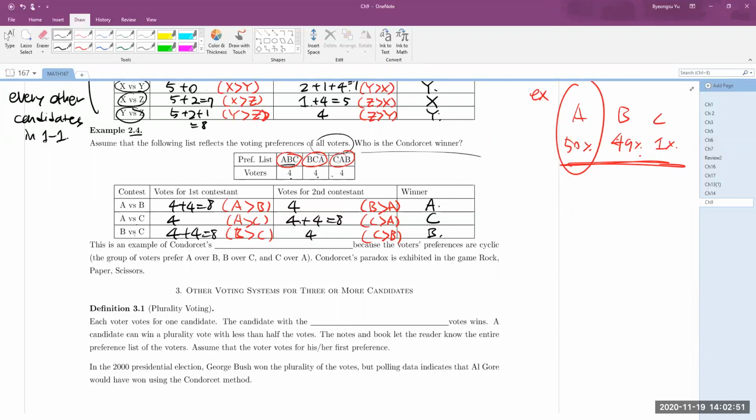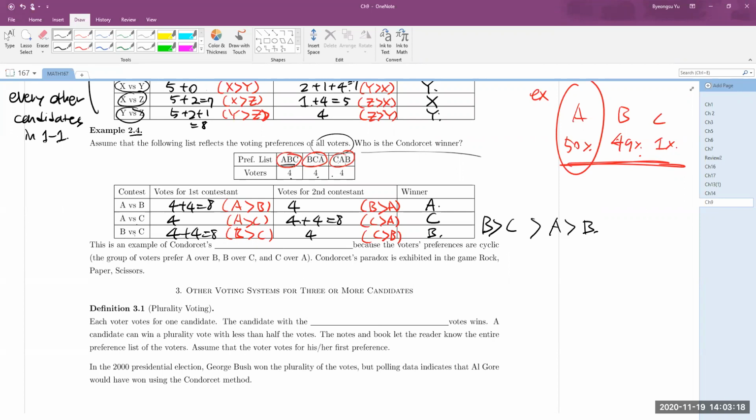Then you can see that from A to B, A wins against B, right? But from A to C, C wins against A. But from B to C, B wins against C, right? So that's kind of a circular thing, right? So in that case, we cannot choose the winner in the Condorcet method, right?